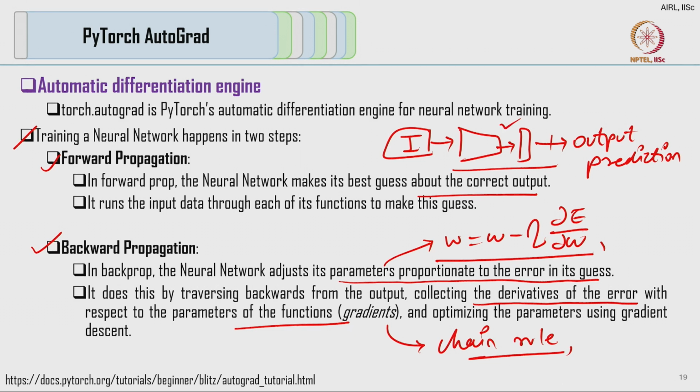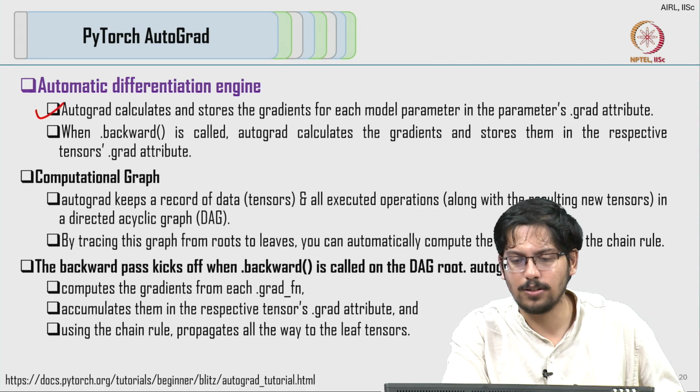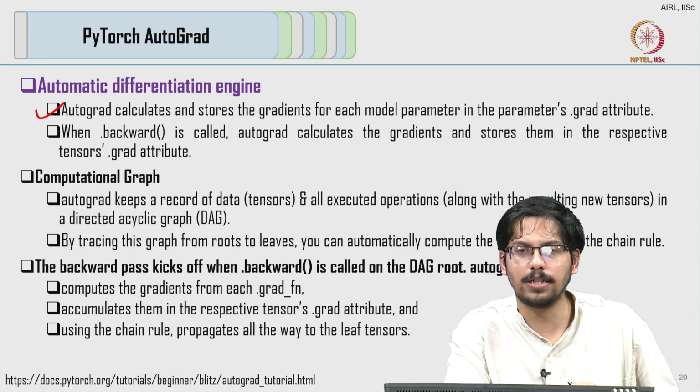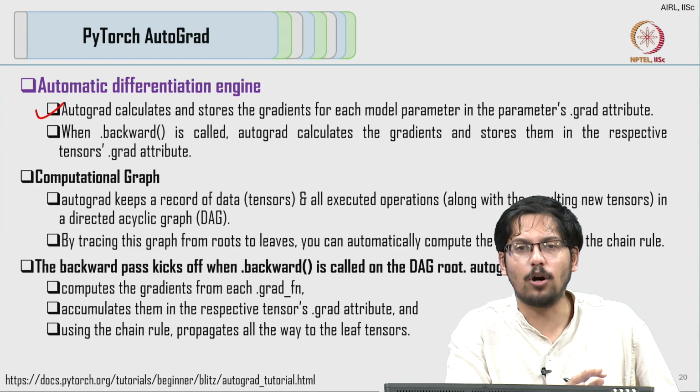Now to do all this, we require something known as Autograd, which is the automatic differentiation engine. torch.autograd is the engine which is used for neural network training. Autograd calculates and stores the gradient of each model parameter, right.